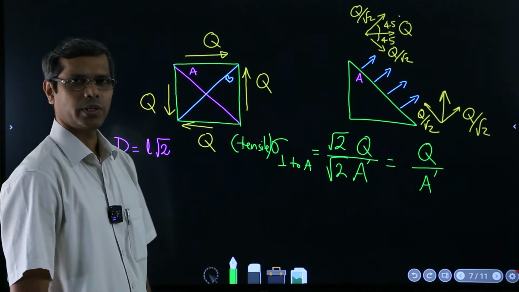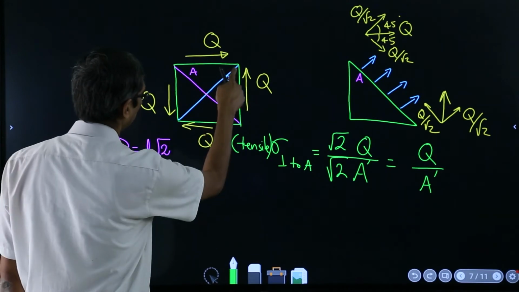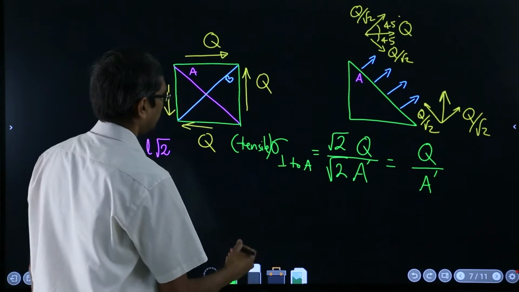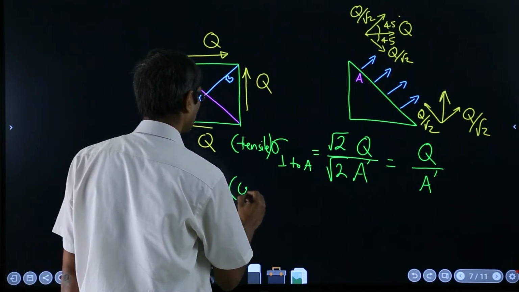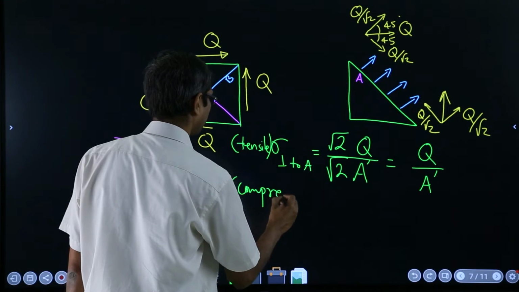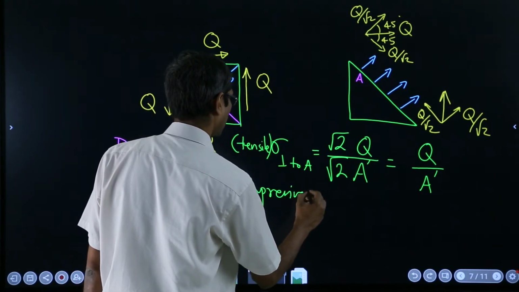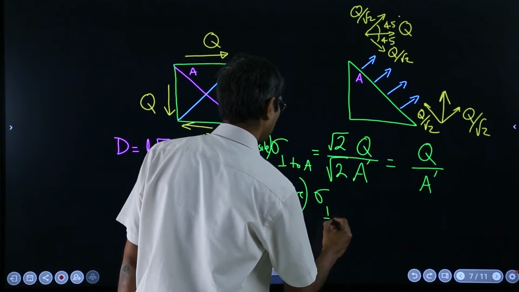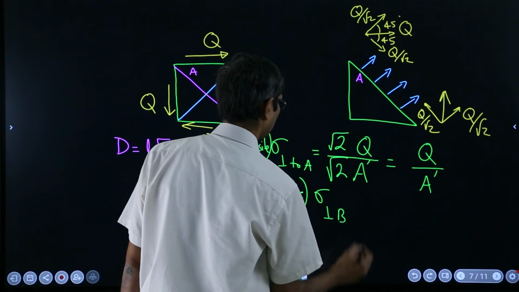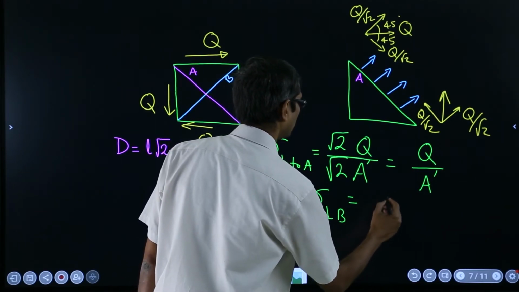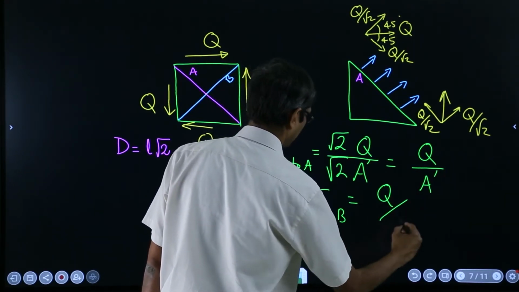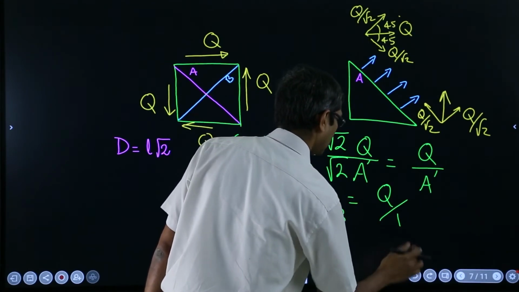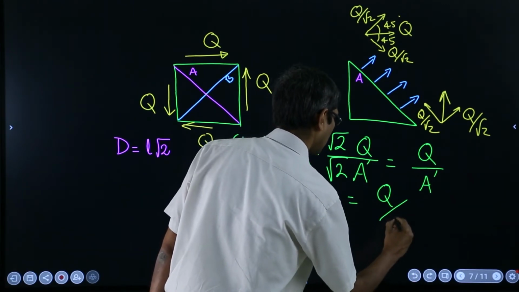And the same argument if you do for the diagonal B, then again you will get a compressive load of sigma perpendicular to B, this time equal to Q over A prime.